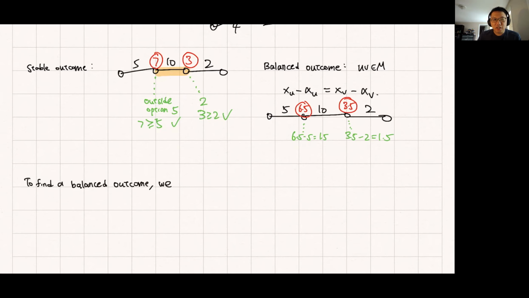We stated in class without proof that you need a maximum weight matching in order to achieve a balanced outcome. Even if you have a maximum weight matching, it might not guarantee that a balanced outcome exists. So we start with a matching of maximum weight.